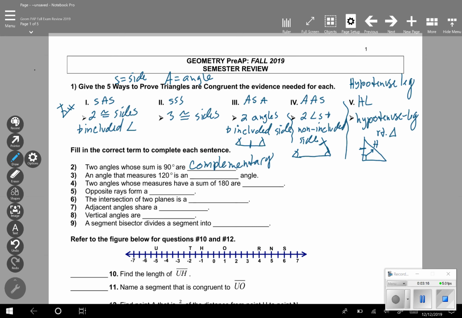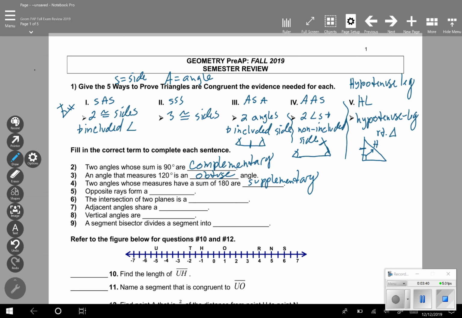Okay, because they make a right angle. An angle that measures 120 degrees is an obtuse angle. Is greater than 90. Okay, 2 angles whose measures have a sum of 180 are supplementary. Okay, supplementary.